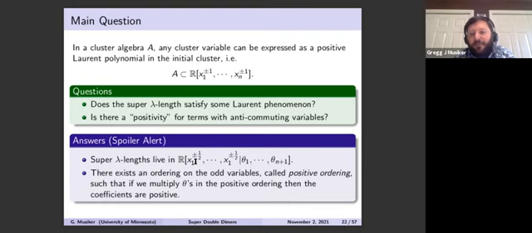And then you get Laurent-like expressions involving these alphabets. Furthermore, there's a specific orientation of a triangulation and a specific ordering for multiplying odd variables together, which we call the positive ordering, which will ensure that in the polygon case, all of these expansions are indeed positive.